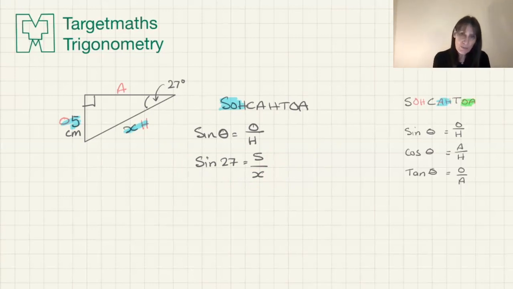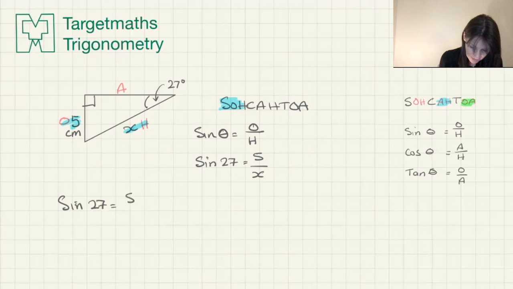So I'm going to show you what's happening mathematically, and then I'm going to show you the shortcut, okay? So we've got sine 27 equaling 5 over X. I can't move the 5, so I'm going to have to move the X. So X is going to land as X times sine 27.